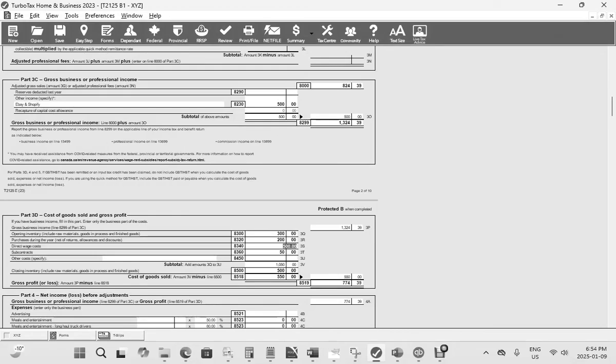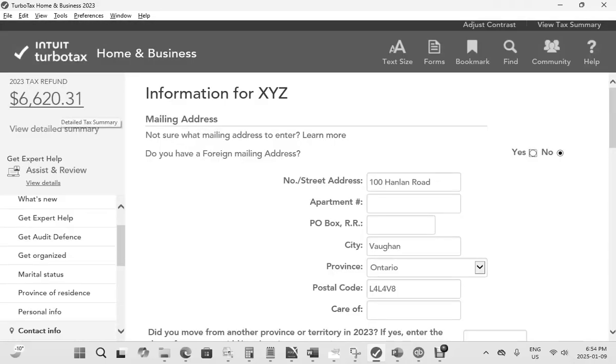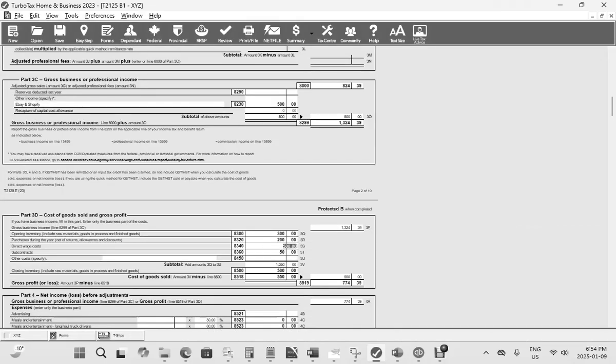Moving further down, direct wage cost or expenses, line 8340. Right now your tax refund is sitting at $6,620.31. Let's change this figure over here to $0. Basically these are expenses, direct wage cost.